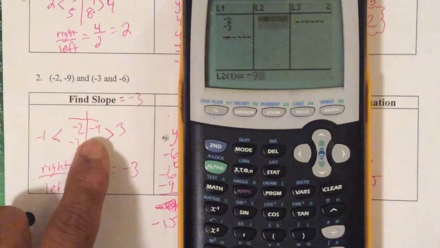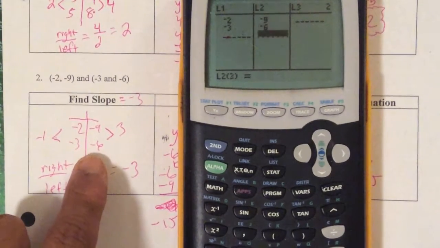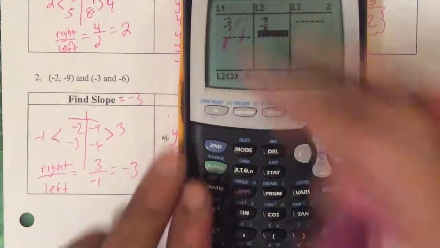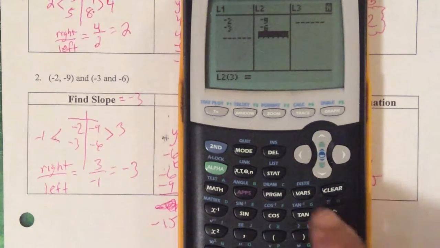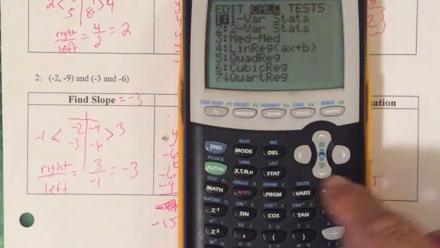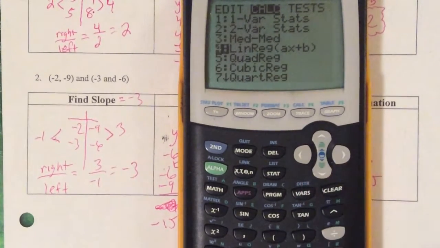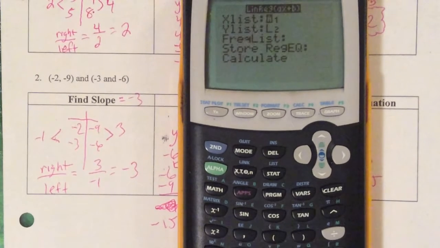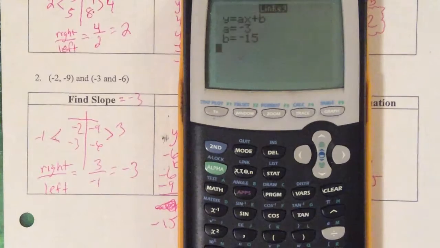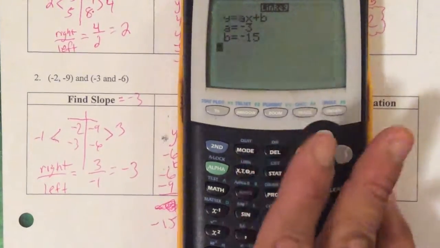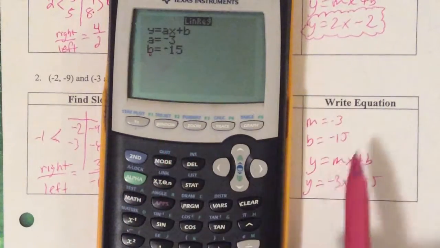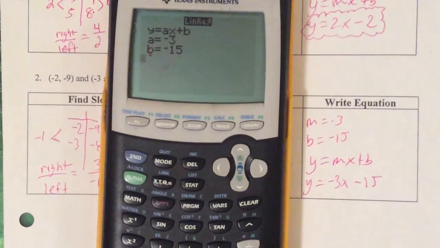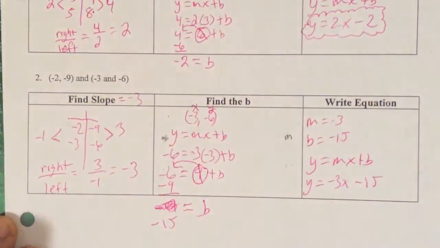Now, -9, enter, -6, enter. Now, go to Stat, scroll over to Calculate, and then go down to option number 4. Click Enter, and then enter 5 times. 1, 2, 3, 4, 5. And as you can tell, my slope is -3. My B is -15, which means I did do the correct equation.